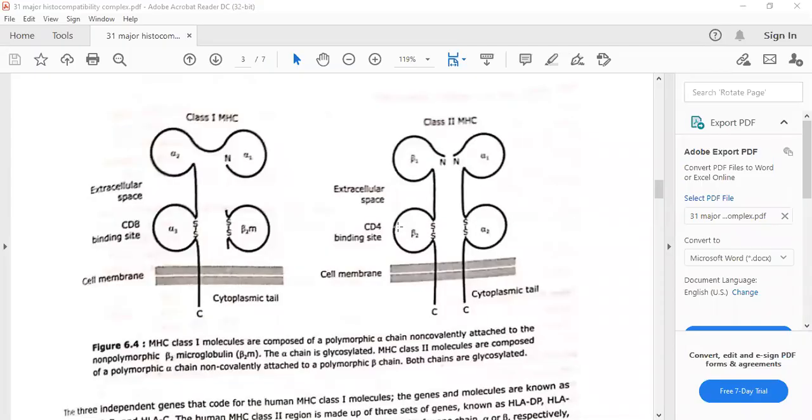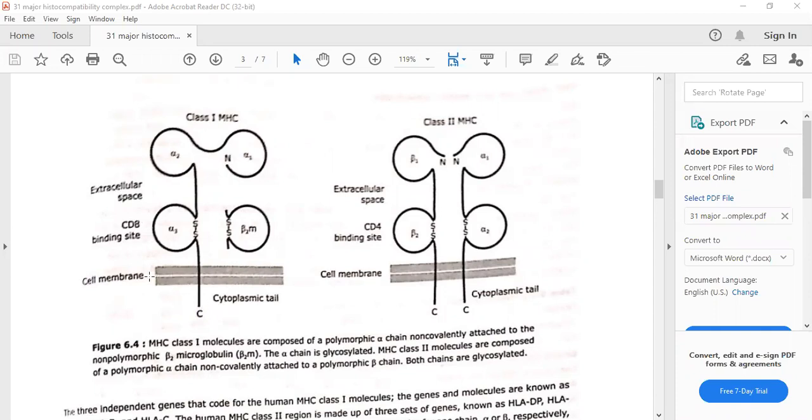So I am going to discuss the structure of the class 1 MHC molecule here in the diagram. This is the diagram of the class 1 MHC molecule. Here there are domains. This is the cytoplasmic domain.